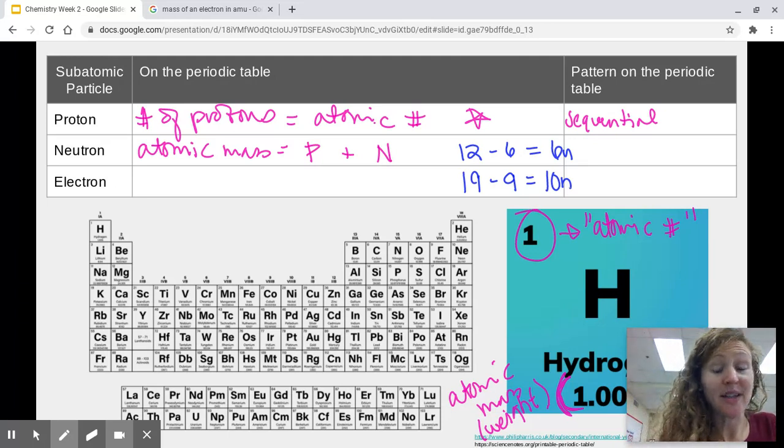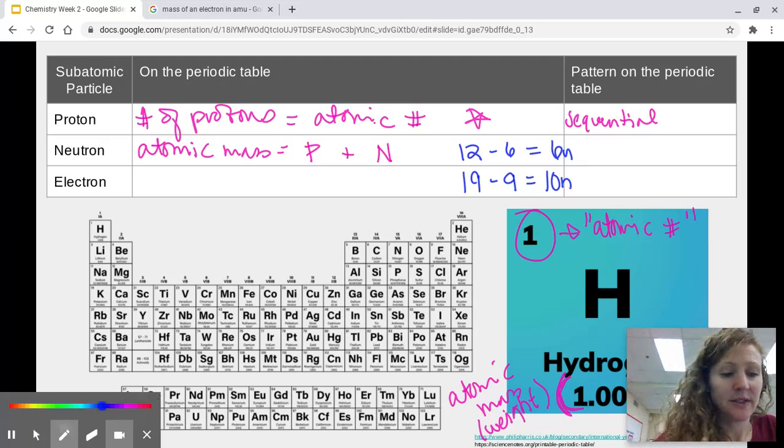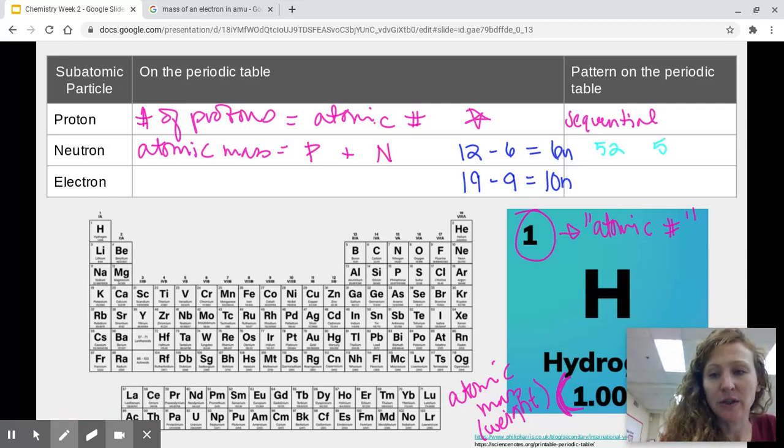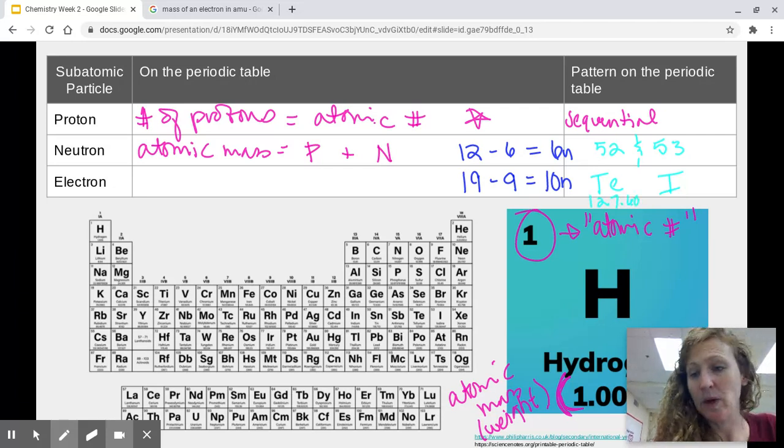Okay, and one of the exceptions you may have found are elements 52 and 53. This is tellurium and iodine. And tellurium actually weighs 127.60. That is the atomic weight of tellurium.